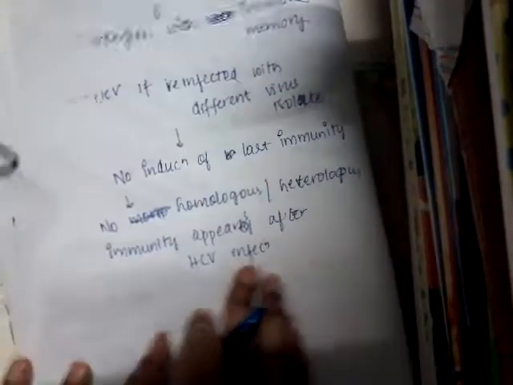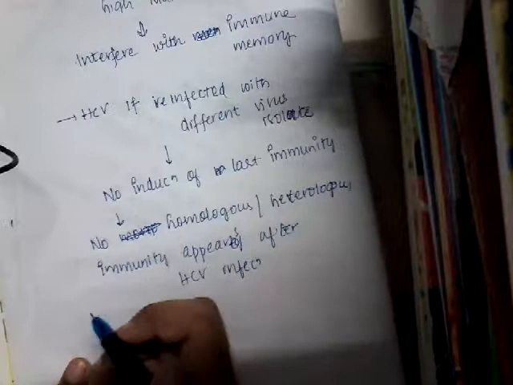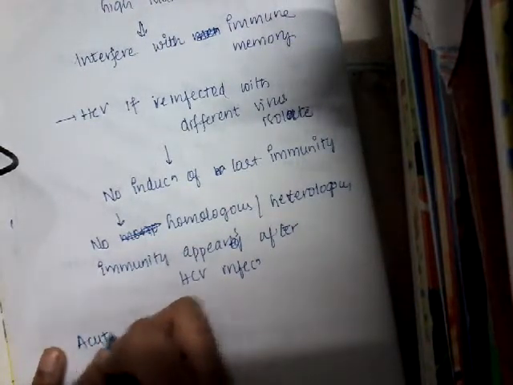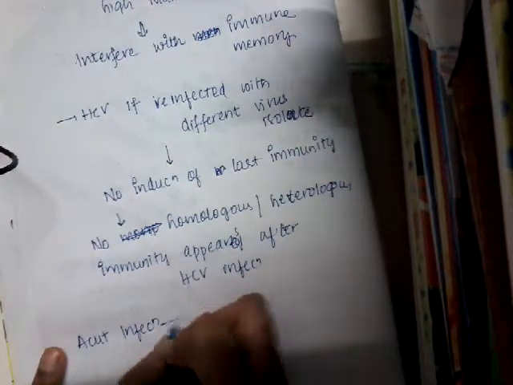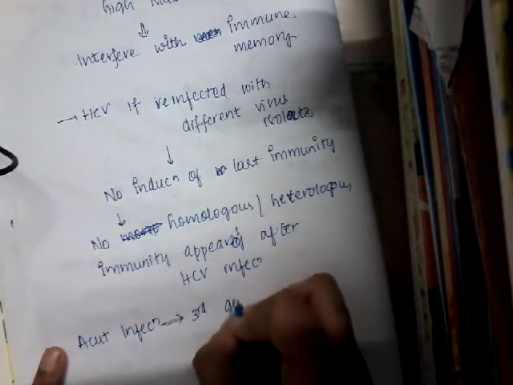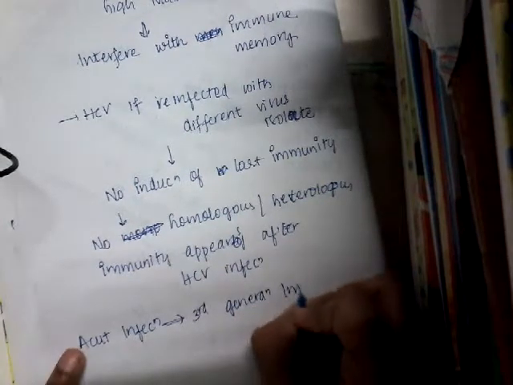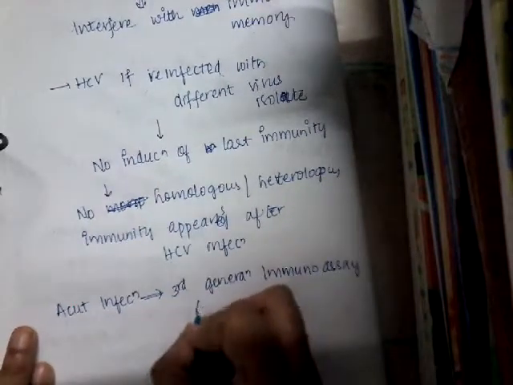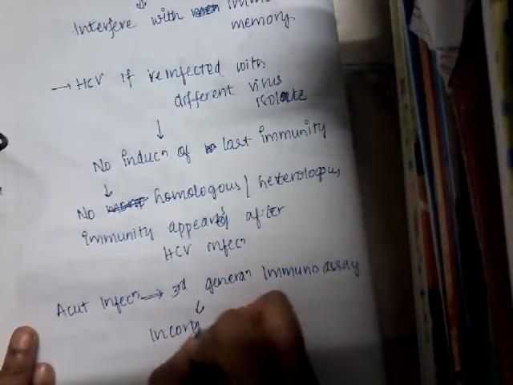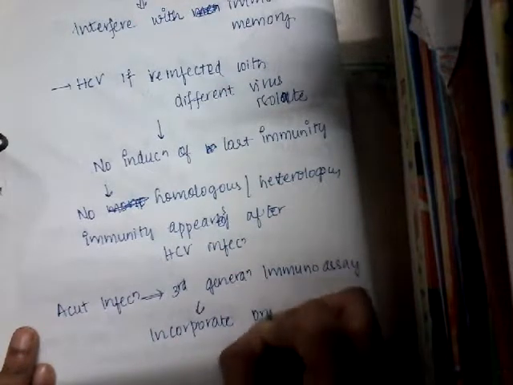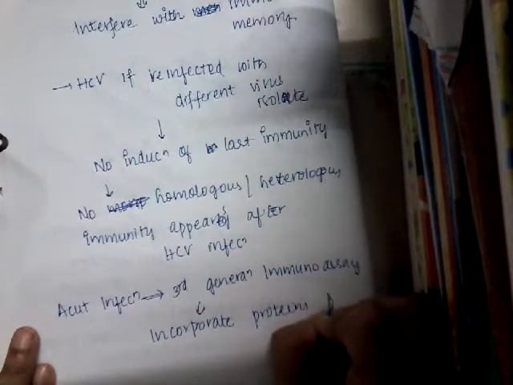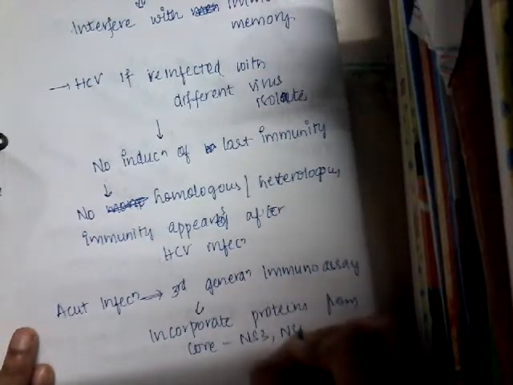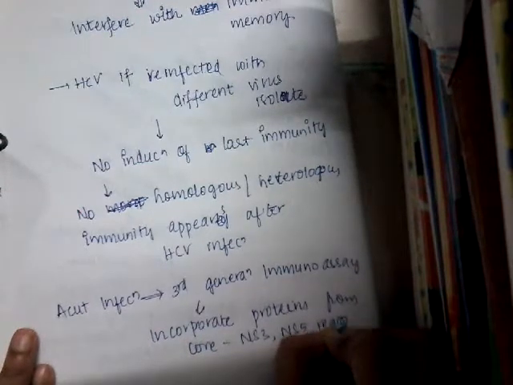And then, how do you detect the acute infection? For detecting acute infection, we have third generation immunoassays. These third generation immunoassays incorporate proteins from the core, mainly NS3 and NS5 regions.